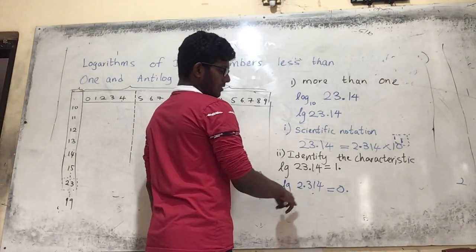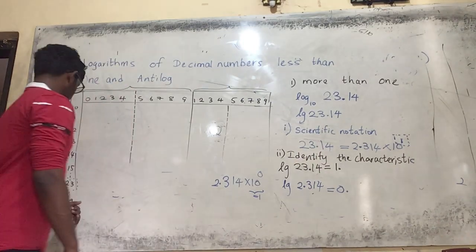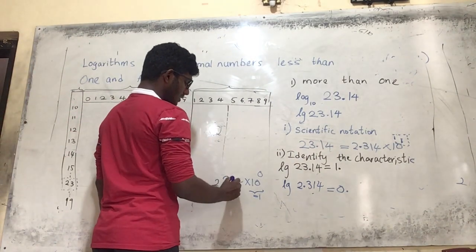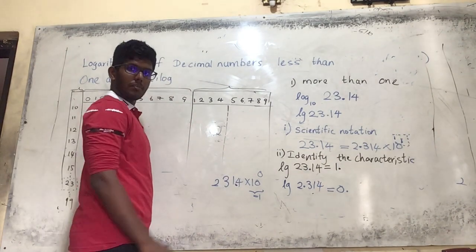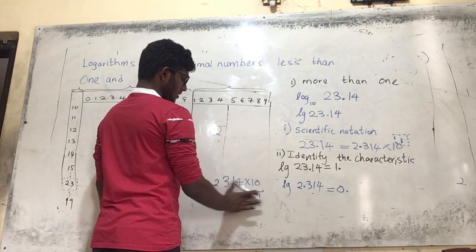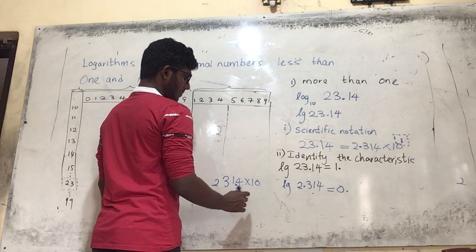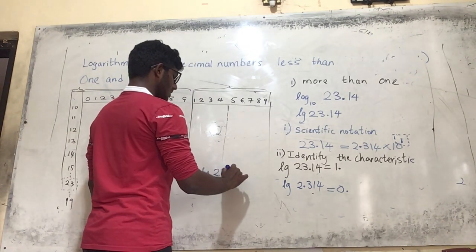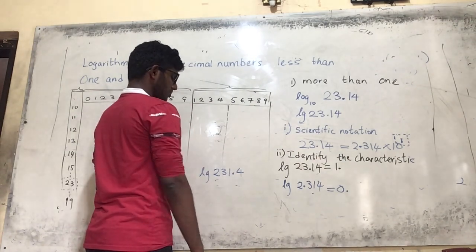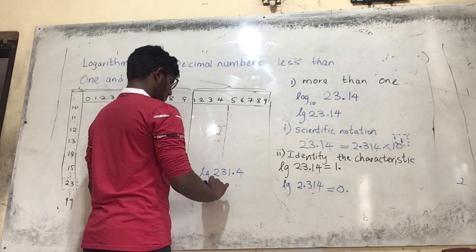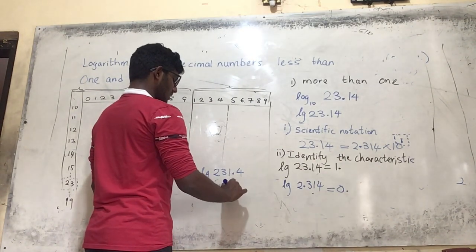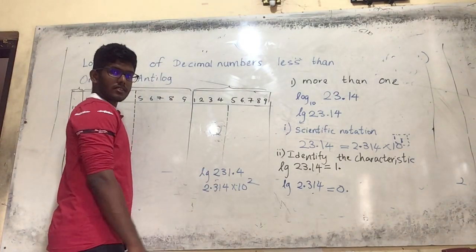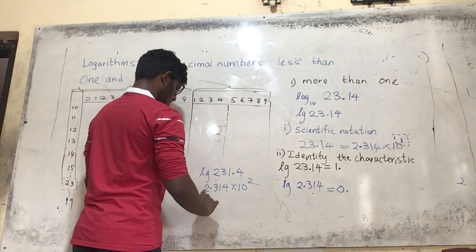So the first two numbers, which is 23. Imagine you had 231.4. Then you write 2.314 into 10 to the power 2. This is the scientific notation. Then 2.